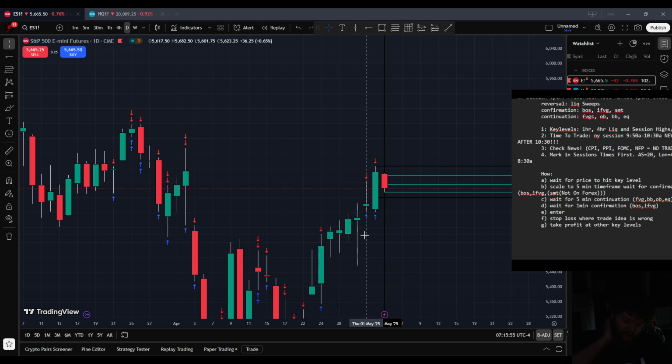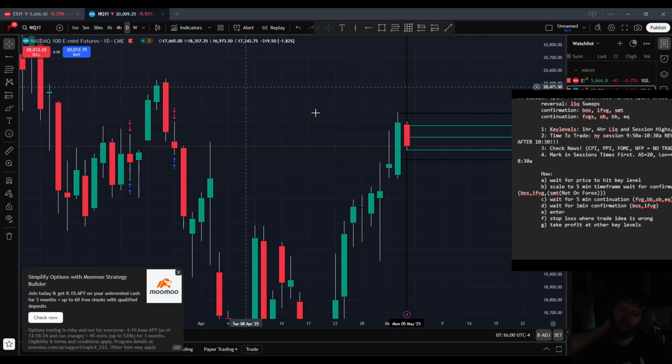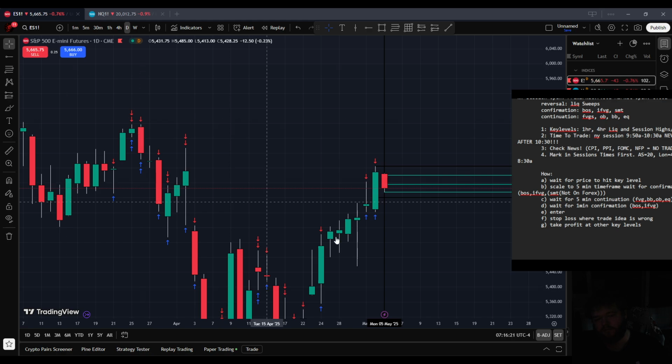Upper fair value gap in sight. Just the one red. Unless we get to the NASDAQ, in which case there is a fair value gap here. There is a break here.